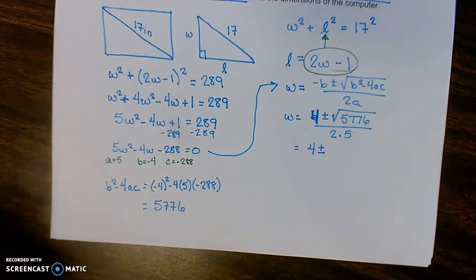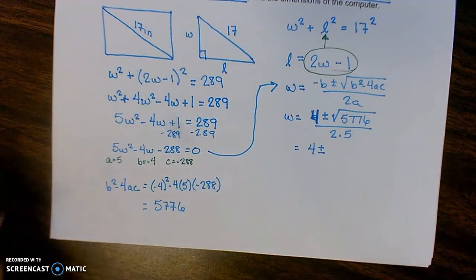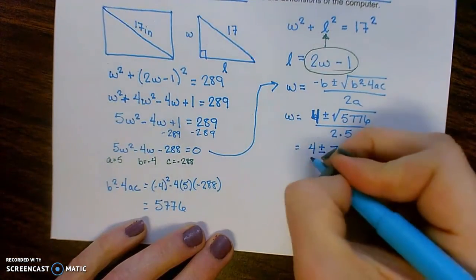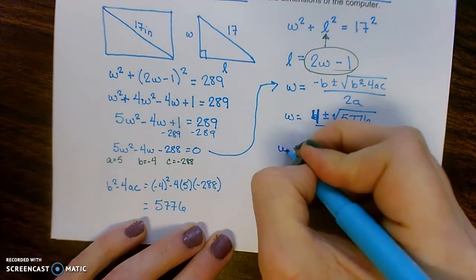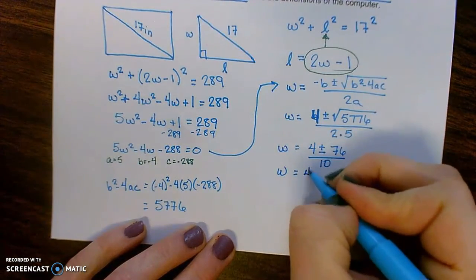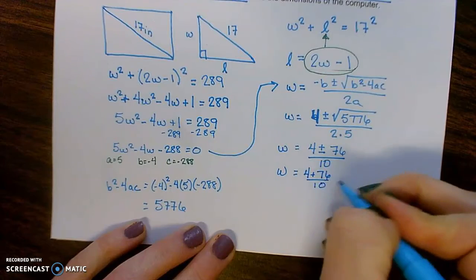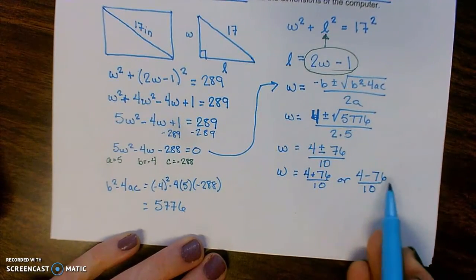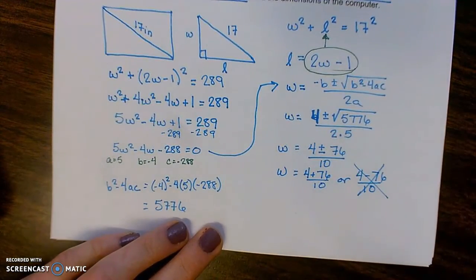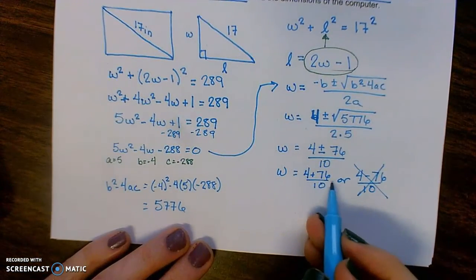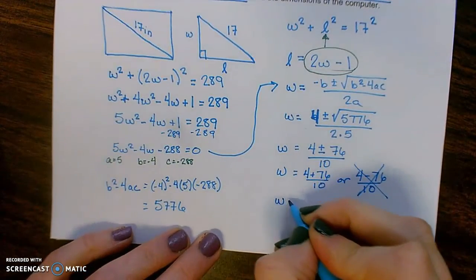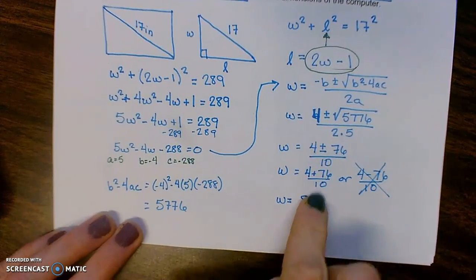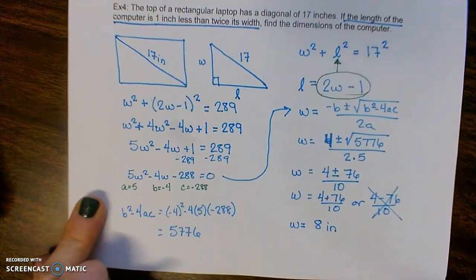So that'll be 4 plus or minus the square root of 5776, which is 76, all over 10. Automatically, I know this is two separate numbers: 4 plus 76 over 10, or 4 minus 76 over 10. Notice the second is going to give you a negative width, so I can rule that one out. 4 plus 76 is 80, divided by 10 is 8 inches.